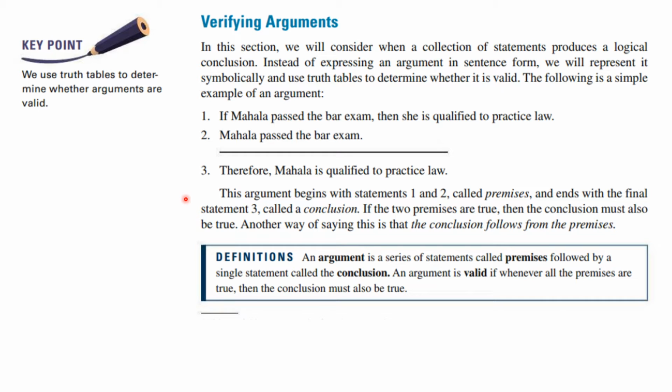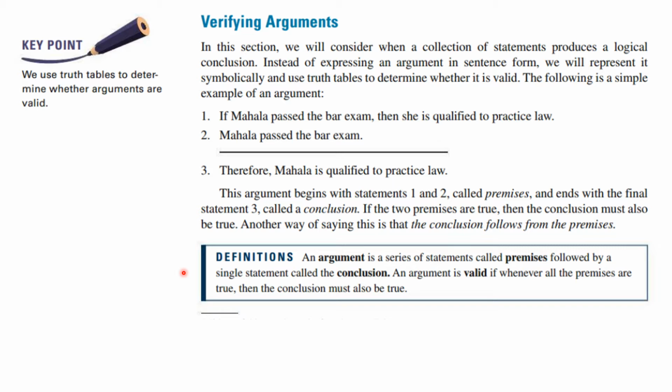This argument begins with statements 1 and 2 that are called premises, and ends with the final statement 3 called a conclusion. If the two premises are true, then the conclusion must also be true. Another way of saying this is that the conclusion follows from the premises, at least if it's a valid argument. Now we will use truth tables to determine whether arguments are valid or invalid.